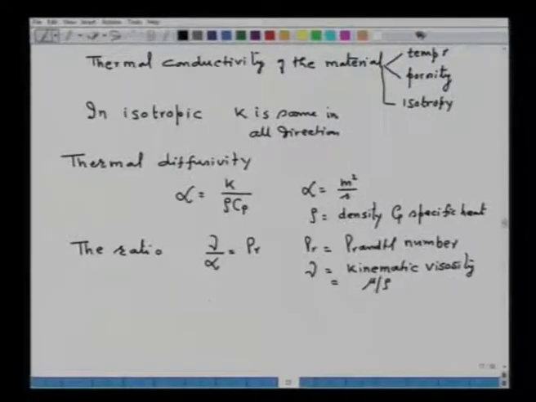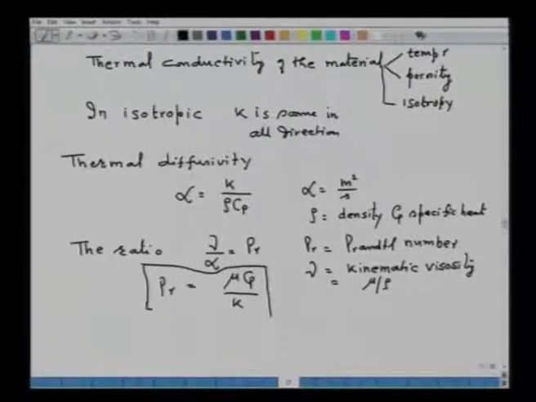So, if we substitute, then we get Pr equal to mu into Cp upon K. This Prandtl number is also a very important dimensionless number in studies on heat transfer.